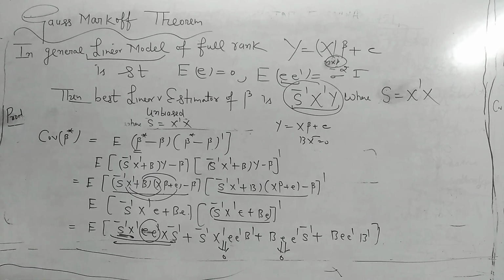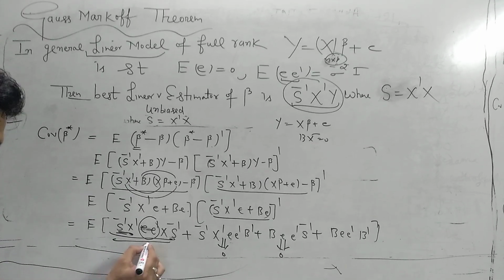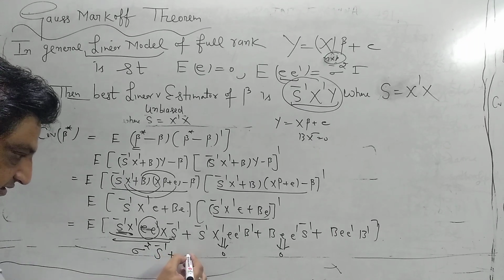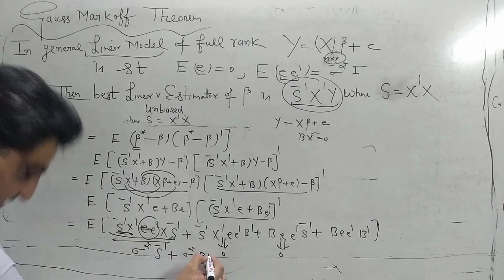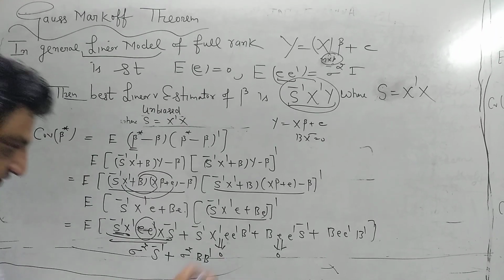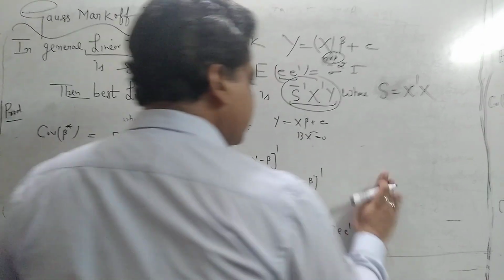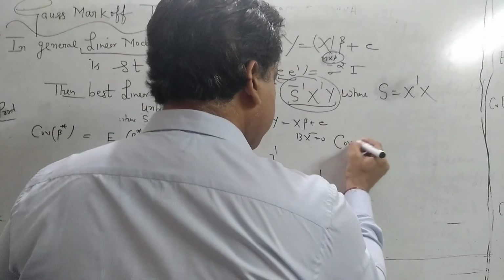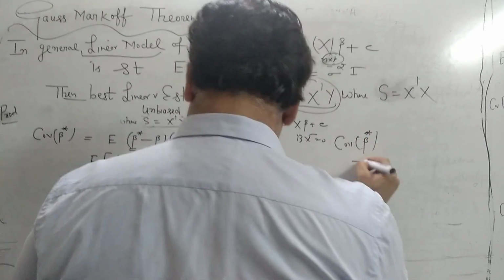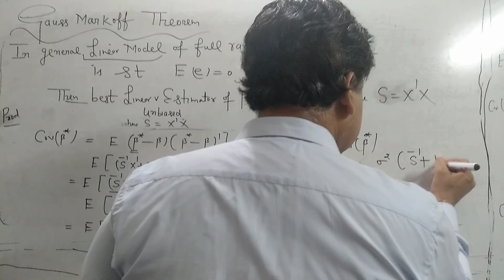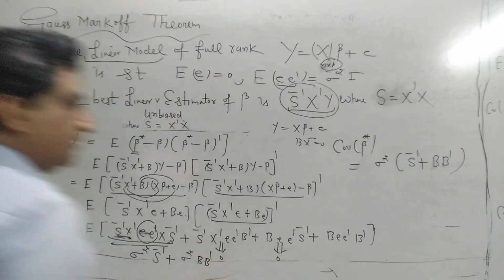So I can simplify this one. I will be left with sigma square S inverse plus sigma square b b dash. So we reached here: the covariance of beta star is sigma square outside, S inverse plus BB dash.